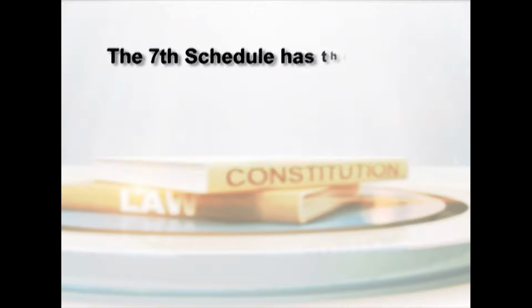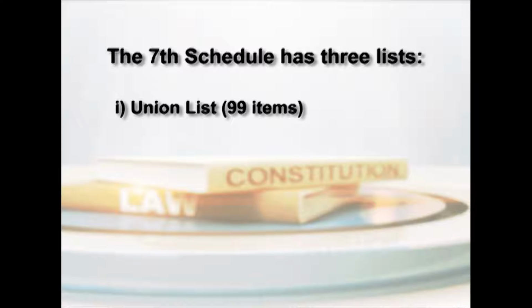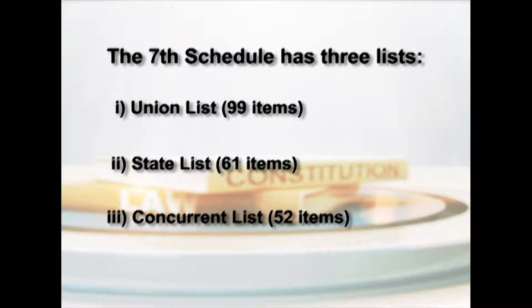In the seventh schedule of the Constitution, there are three lists. The Union list, containing 99 items like foreign affairs, defense, armed forces, etc. The State list, containing 61 items, public order, police, etc. And the Concurrent list, containing 52 items, containing civil and criminal procedure, divorce, marriage, etc. Now, other unitary features are that residuary powers remain in the hands of the center.